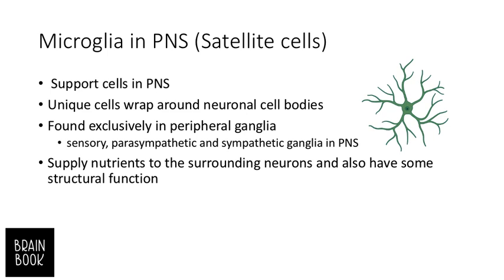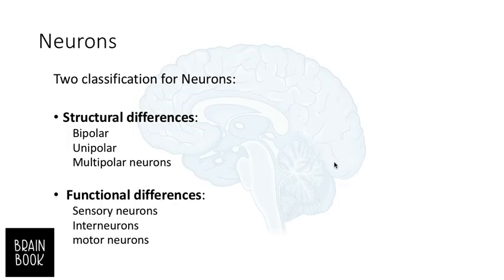They wrap around the neural cell bodies, and they are found exclusively in the peripheral ganglia, such as the sensory, parasympathetic, and sympathetic ganglia, and also they supply nutrients to the surrounding neurons and also have some structural functions. The glia are finished, and now we can talk about neurons.